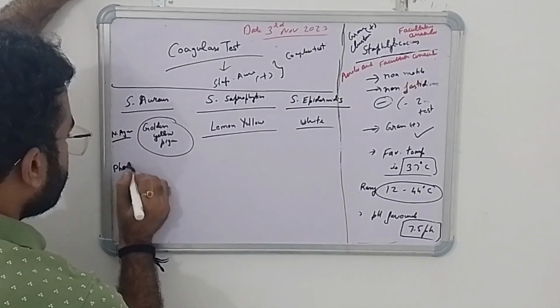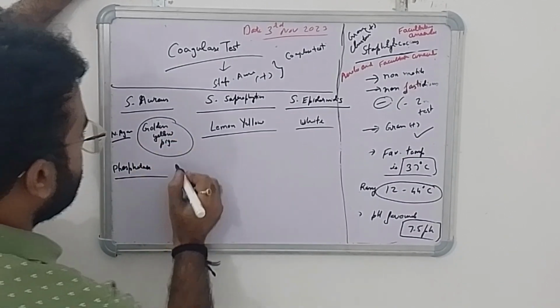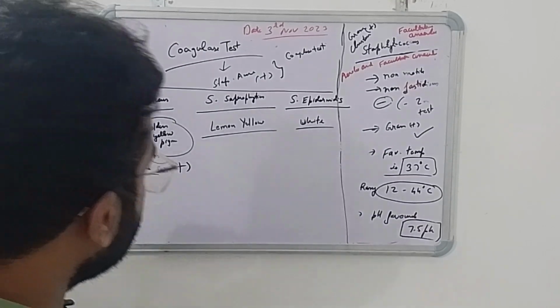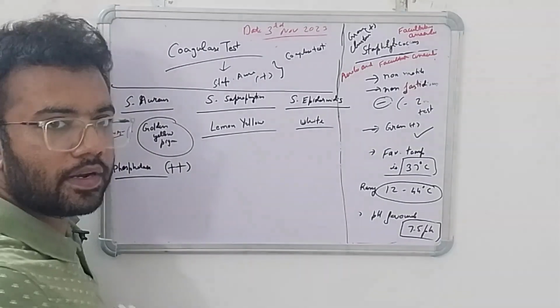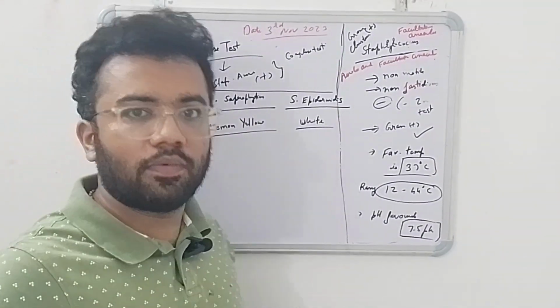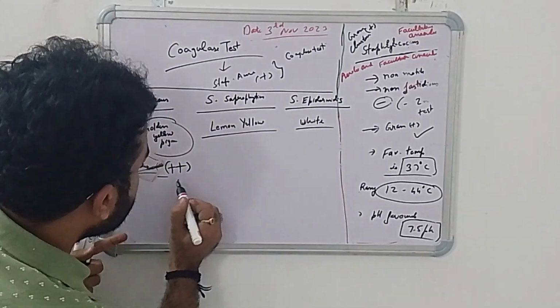Phosphatase enzyme presence is positive. I will add two pluses. It's my own notation, you will not find it in any other text, where only a plus is there. But I am using double plus to indicate there is more phosphatase compared to the others.